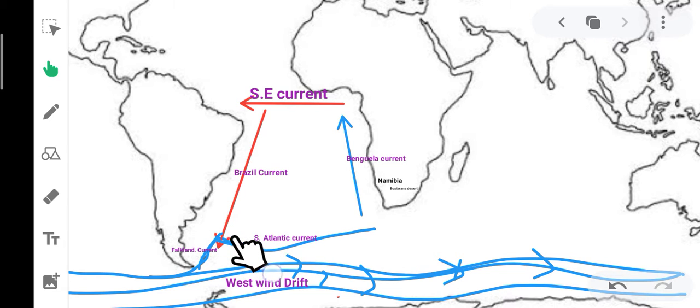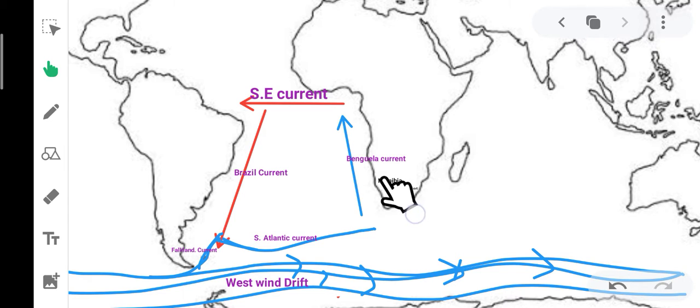The South Atlantic current moves towards the eastward direction, and after reaching the South African coast, it travels in the northern direction as the Benguela current. As you all know, the Benguela current is a cold current. It doesn't carry any kind of moisture with it. Hence, it leads to the formation of the Namibia and Kalahari deserts, increasing the dryness in the African region.